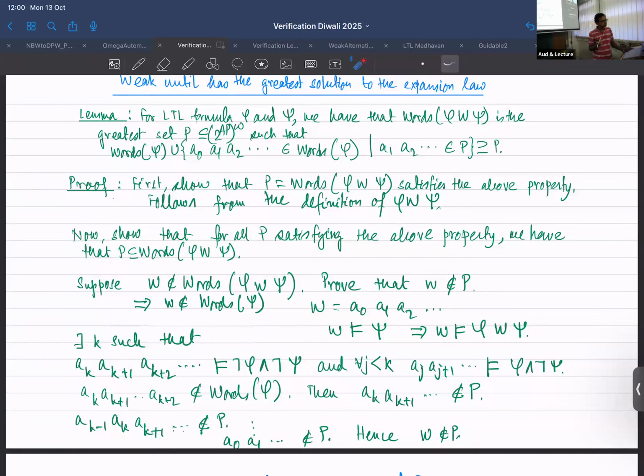Earlier we saw that sigma omega satisfied that constraint. Here you can see that the empty set indeed satisfies this constraint, which is not quite interesting. The greatest set here is interesting.